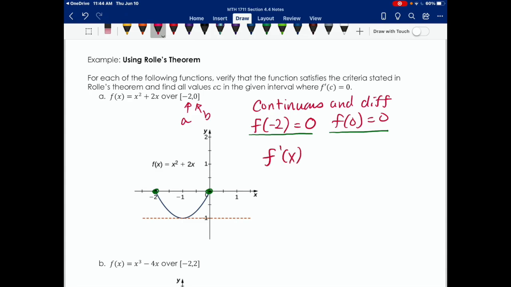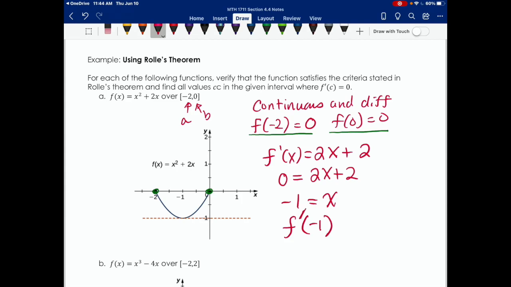So I'm going to now try to find the value of c where the derivative is 0. So I'm going to take the derivative of x squared plus 2x. So that's going to be 2x plus 2. And I'm going to set that equal to 0. And I'm going to get that x is equal to -1.